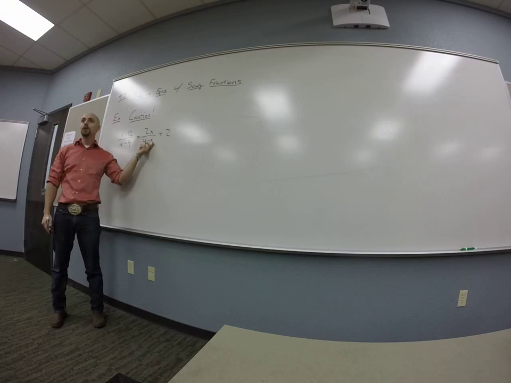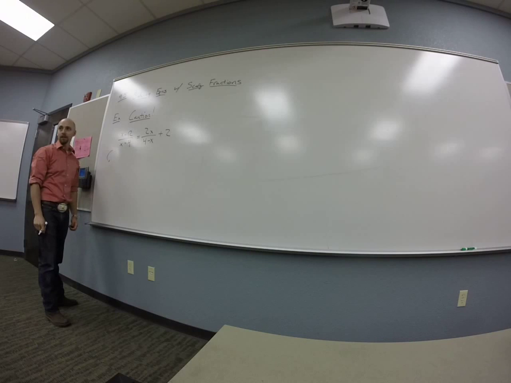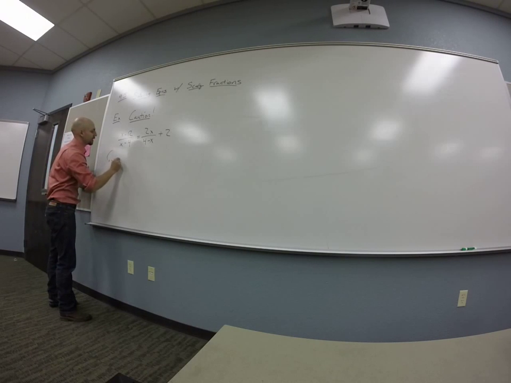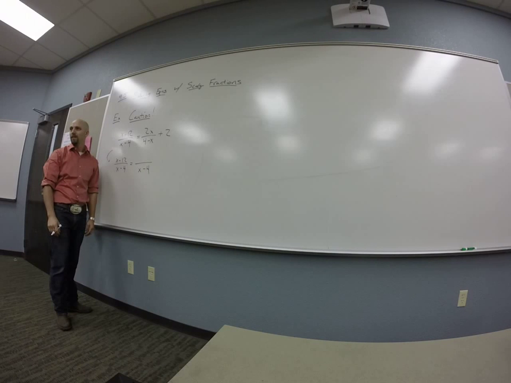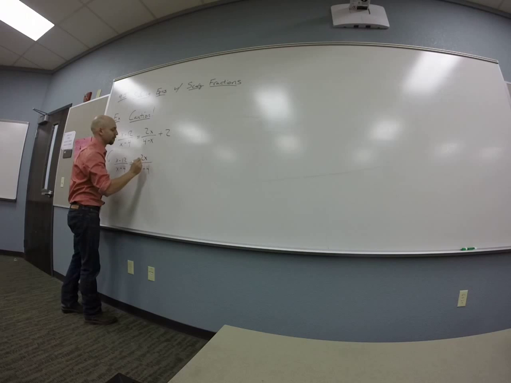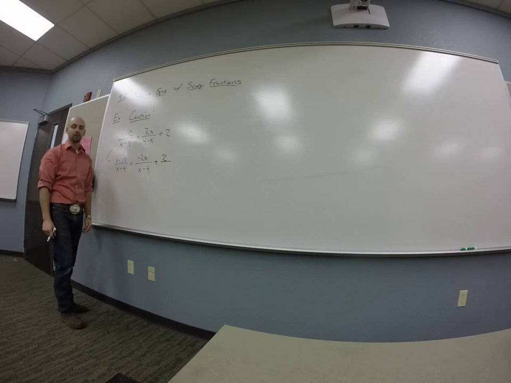So my first step would actually be to take this whole thing and just rewrite it as x minus 12 over x minus 4 equals what over x minus 4? Negative 2x. That's factoring a negative out of the bottom. And then I've got a plus 2. I should probably write the 2 as a fraction.